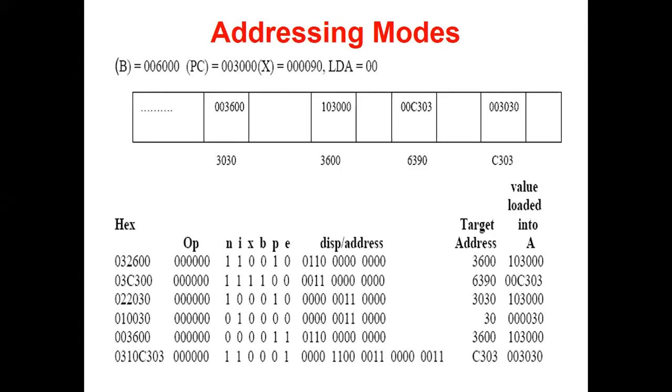Can you try to calculate and find out that this is the target address and then that you are going to load that? You go through that one quickly. If you have a question, please don't hesitate to ask.